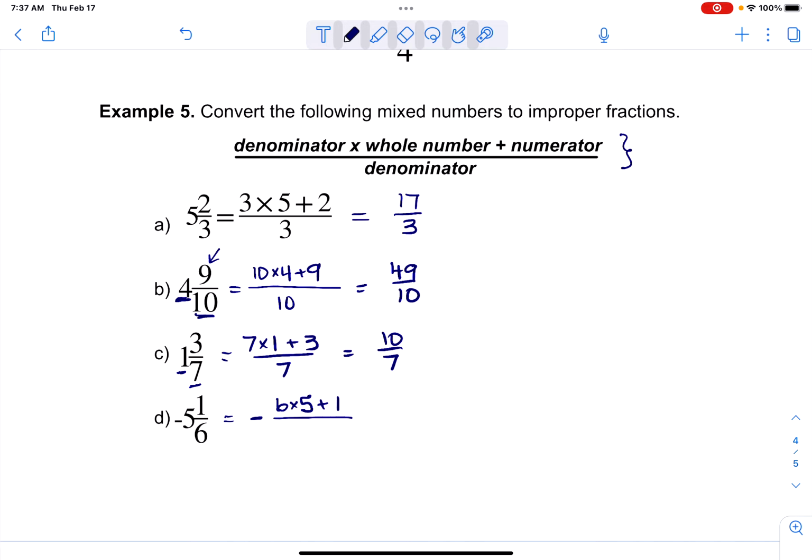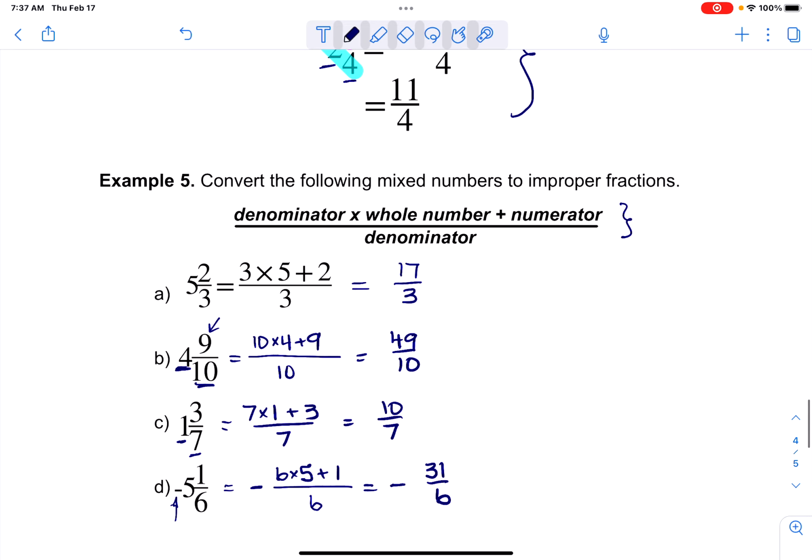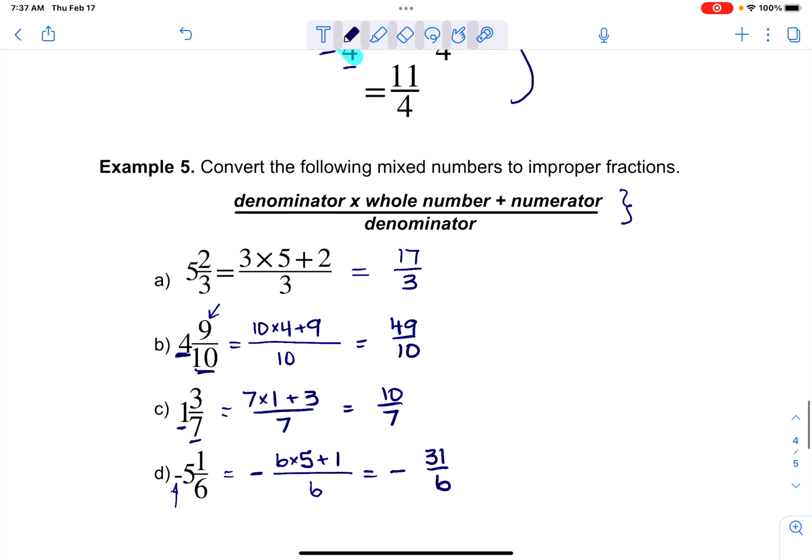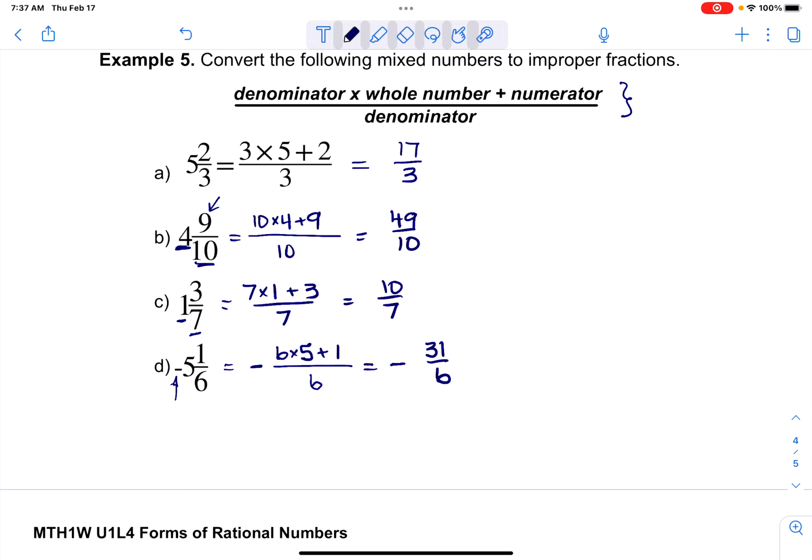This is saying that the whole thing is negative, which includes the 1/6 as well. And of course, we have a 6 here. So the whole thing is negative, and then we just do the rest as normal. So 30 plus 1 is 31/6.